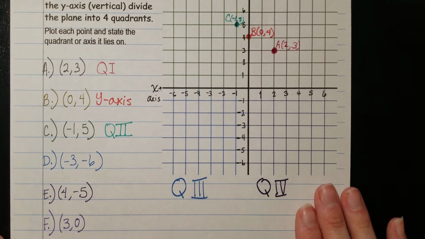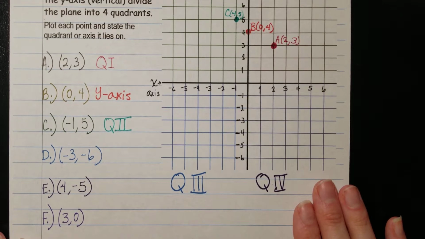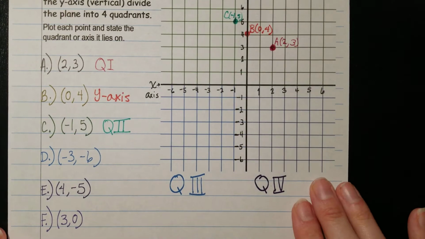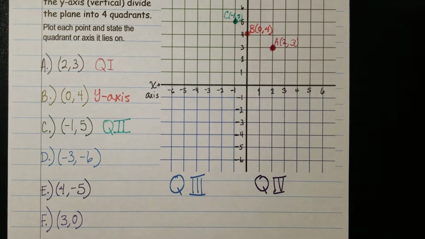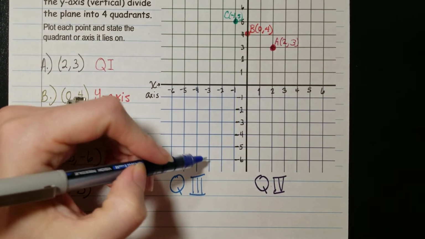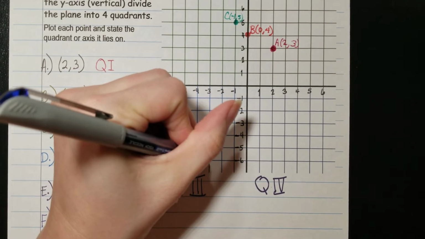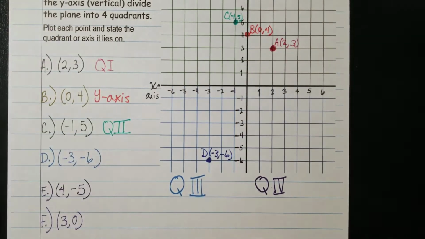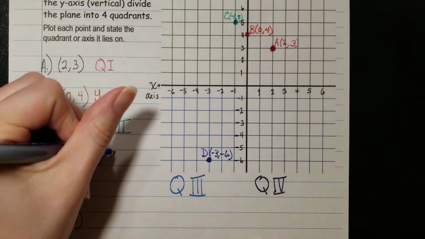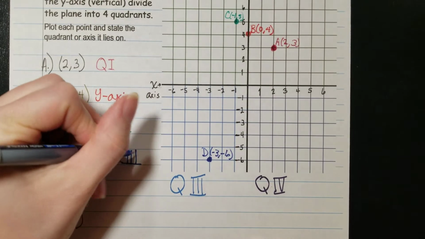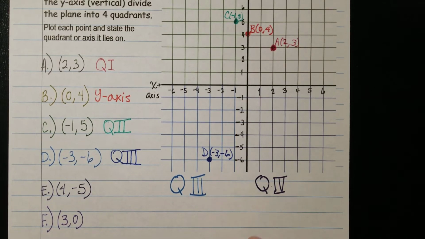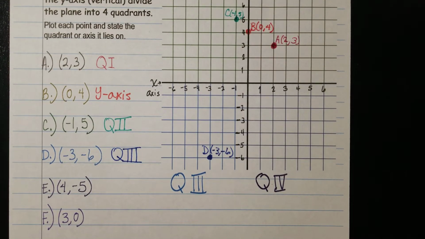All right, so point D, -3, -6. Okay, x is -3, y is -6. That's right there, and that is in quadrant 3. Okay. And then point E, 4, -5.